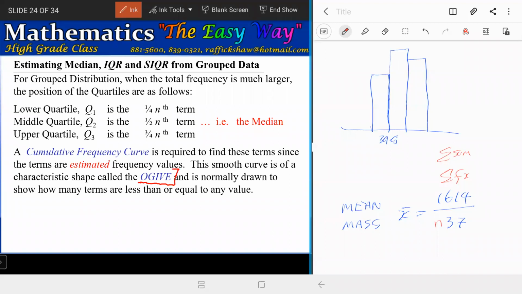And CSEC already asked: what's another name for the cumulative frequency curve? That word right there, the Ogive. Another name for the cumulative frequency curve is this. They asked that already in an exam. What's another name for the cumulative frequency curve?